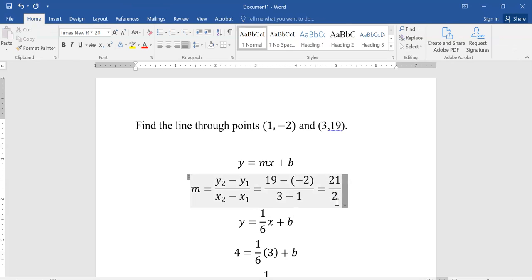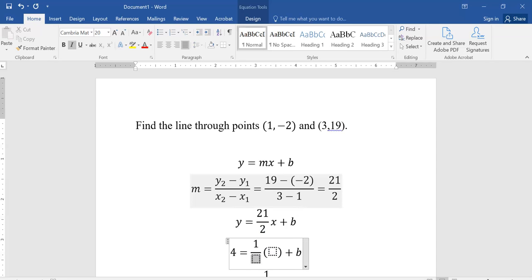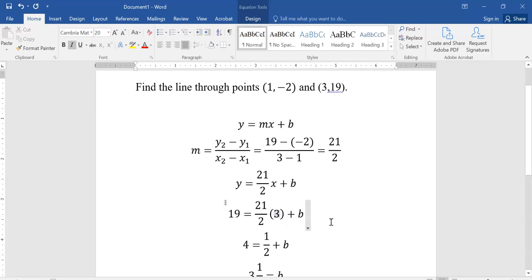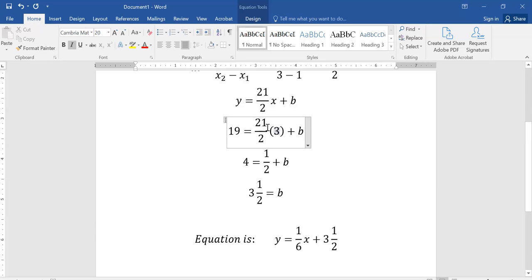Now I'm going to leave that as an improper fraction. You could simplify that and call it 10.5 if you'd like, but I don't think I need to. So once you have y equals 21 over 2 times x, we're going to replace the value of y with, I guess we'll use 19, and replace the value of x with a 3. 21 over 2 times 3 is 31 and a half.